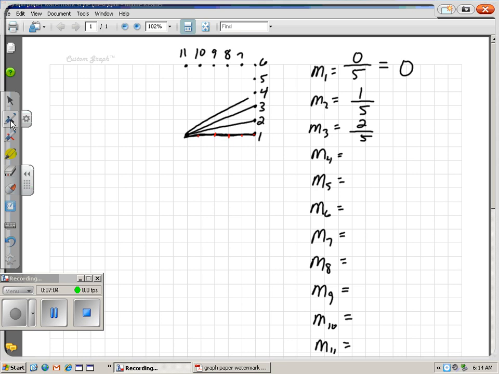Line 4, you have to go 3 steps up and 5 steps over. So it has a slope of 3/5. Notice how our fraction is getting bigger and bigger as the line gets steeper and steeper. So we went from a flat line with a slope of 0 up to 1/5, then up to 2/5, then up to 3/5. Notice how that number is getting bigger and bigger. So the steeper the line gets, the bigger your number gets.